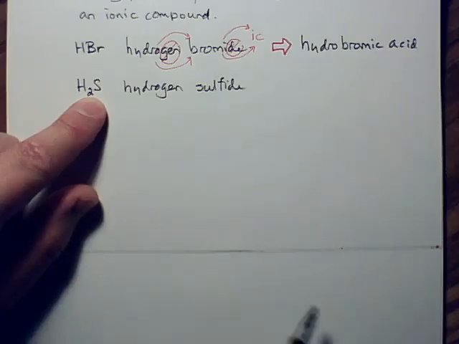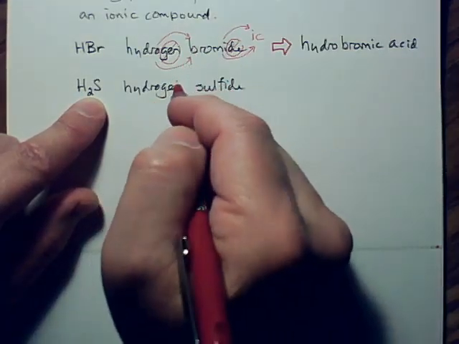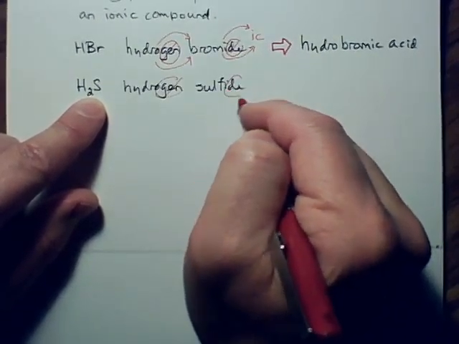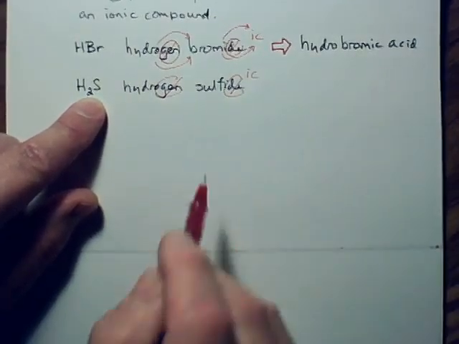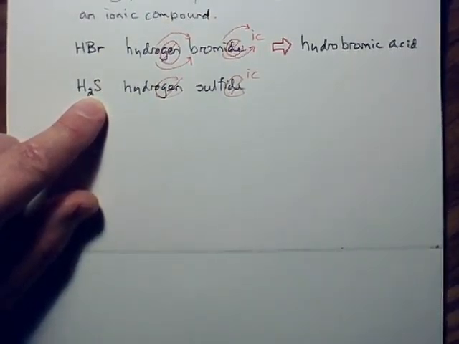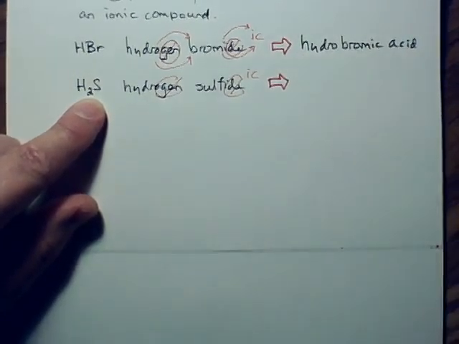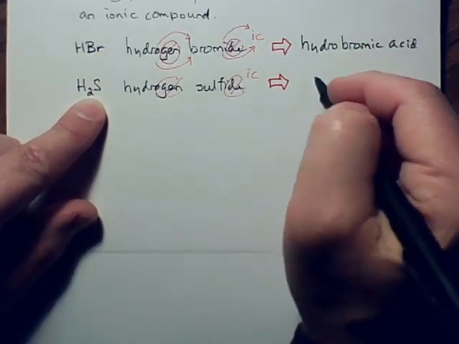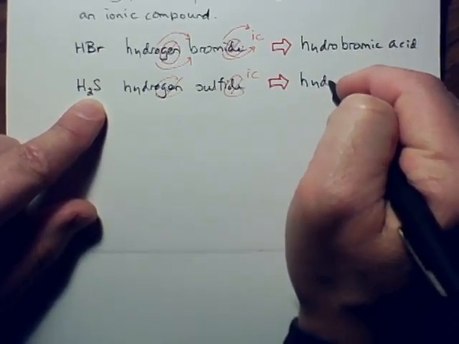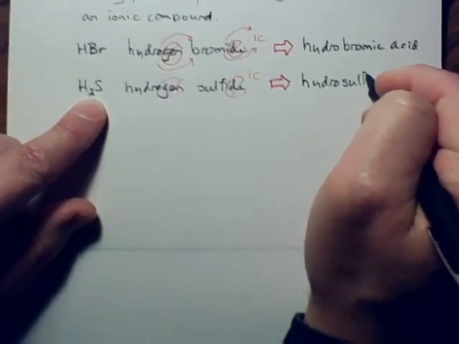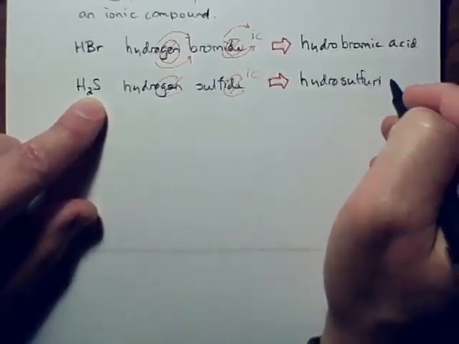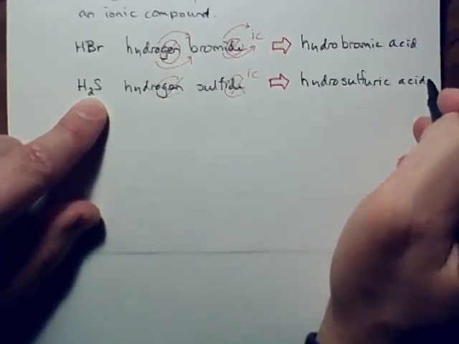To name the acid then, we get rid of the gen, we change the IDE to IC, we join it all together, and we get hydrosulfuric acid.